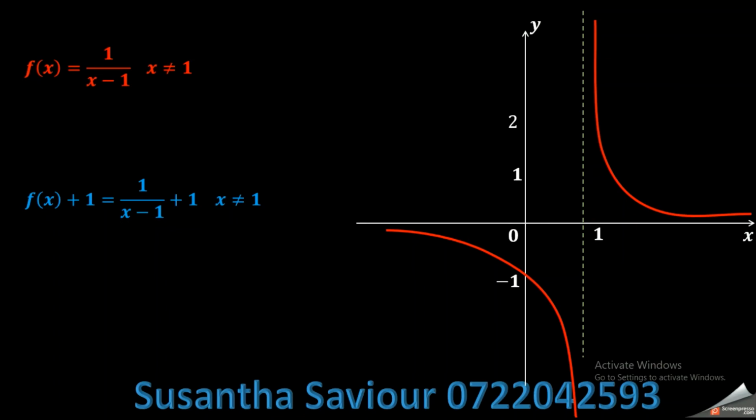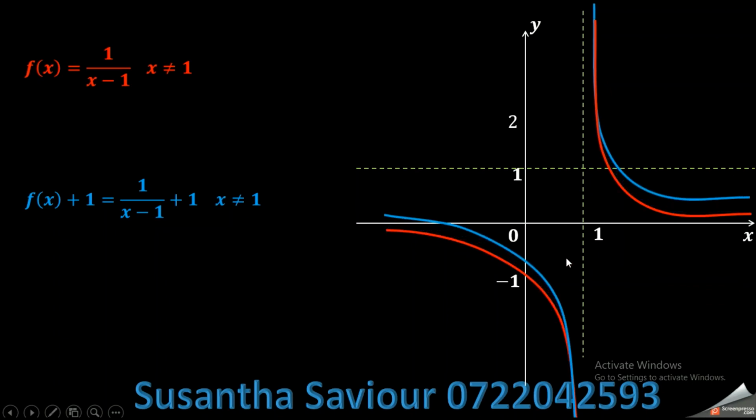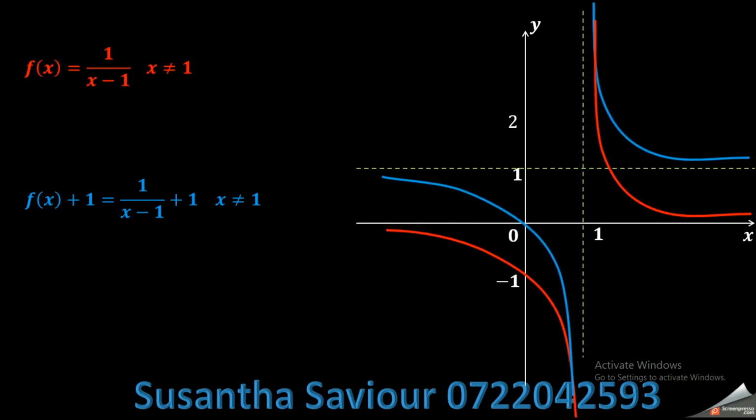So if you look at the sketch of this, first of all, we draw this asymptote because the asymptote is also moving, and then this curve will be moving upward. Look at this. Right, this point went to 0, and this asymptote went to y equals 1, right.